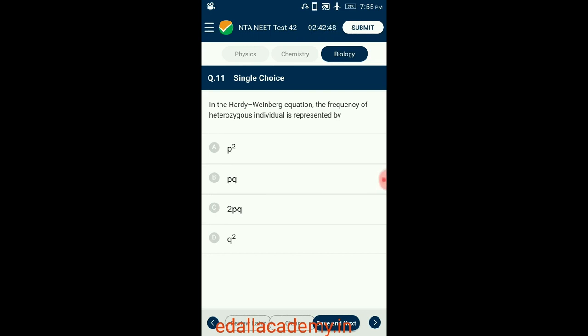The Hardy-Weinberg equation is p squared plus 2pq plus q squared equals 1, where p is the frequency of the A allele, q is the frequency of the small a allele, p squared is the frequency of the homozygous genotype AA, q squared is the frequency of the homozygous genotype aa, and 2pq is the frequency of the heterozygous genotype Aa. So the correct option for this question is option C, 2pq.